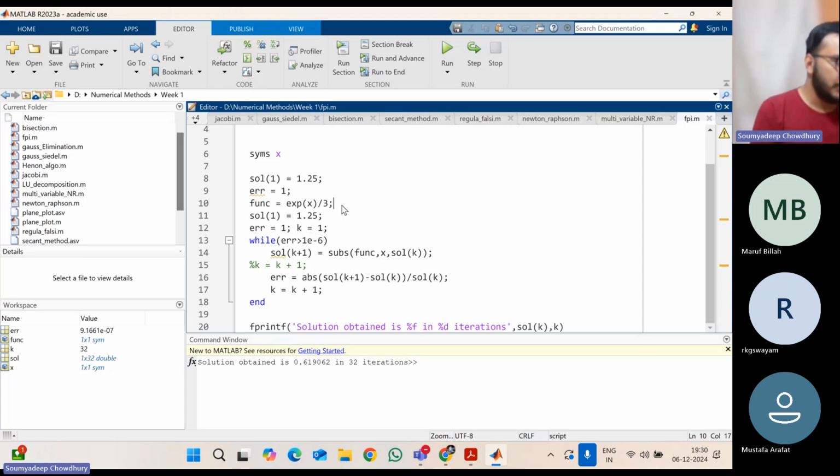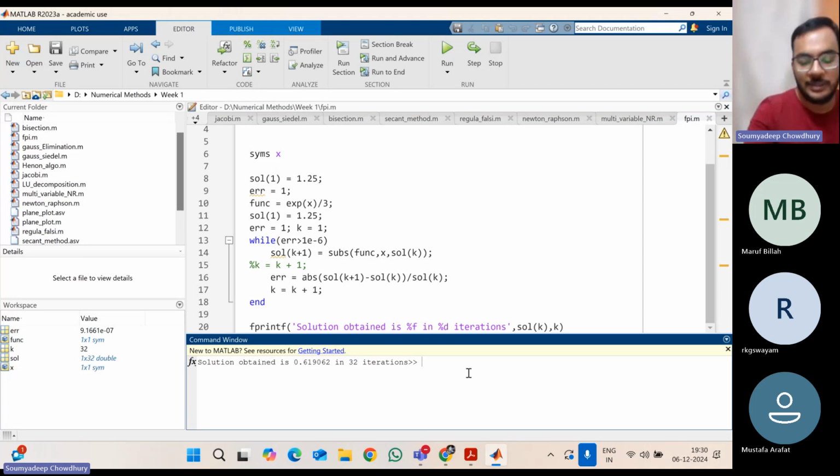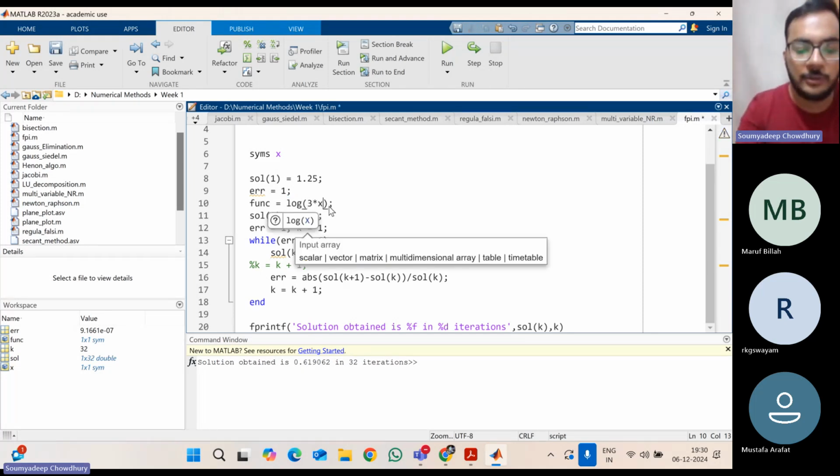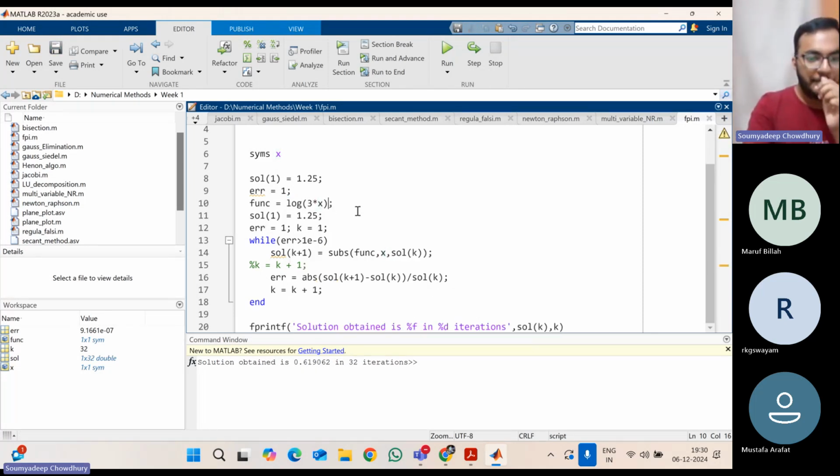What was my second option? It was x minus e power x by 3 equals 0, written as x equals ln of 3x, right? So if we change the recasting function to ln, that is log of 3 into x, we'll see whether we are getting any solution here.